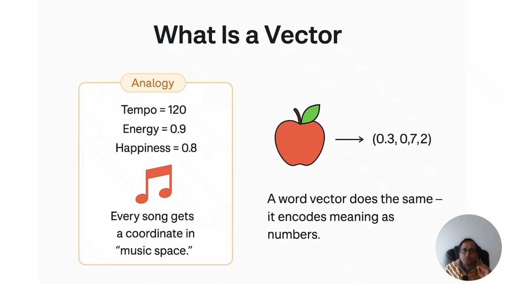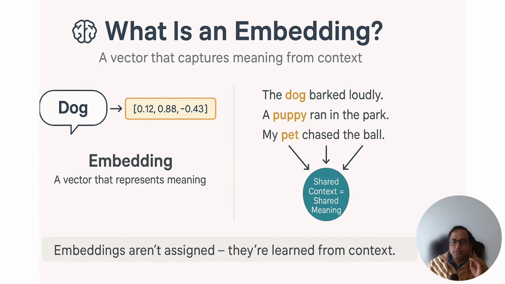Just like a song gets its coordinates in a music space, words get their coordinates in a meaning space, and that list of numbers is a vector. To summarize, this is very important: a vector is nothing but a list of numbers that describes specific characteristics of an entity, with each number representing a specific characteristic.